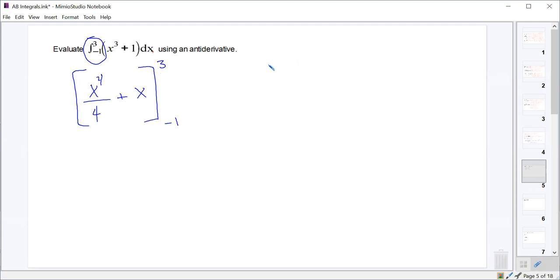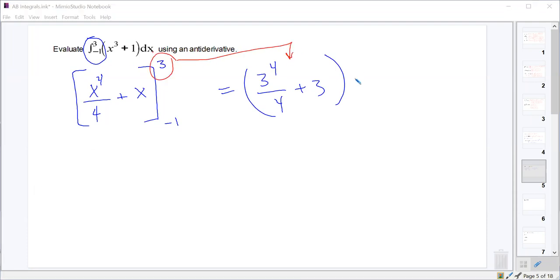Remember, the second part of the fundamental theorem of calculus said, find the function that is the integral of this, evaluate it at the upper limit, evaluate it at the lower limit, and find the difference between them. So this just becomes 3 to the 4th over 4 plus 3. That's the 3 piece, minus -1 to the 4th over 4 minus 1.